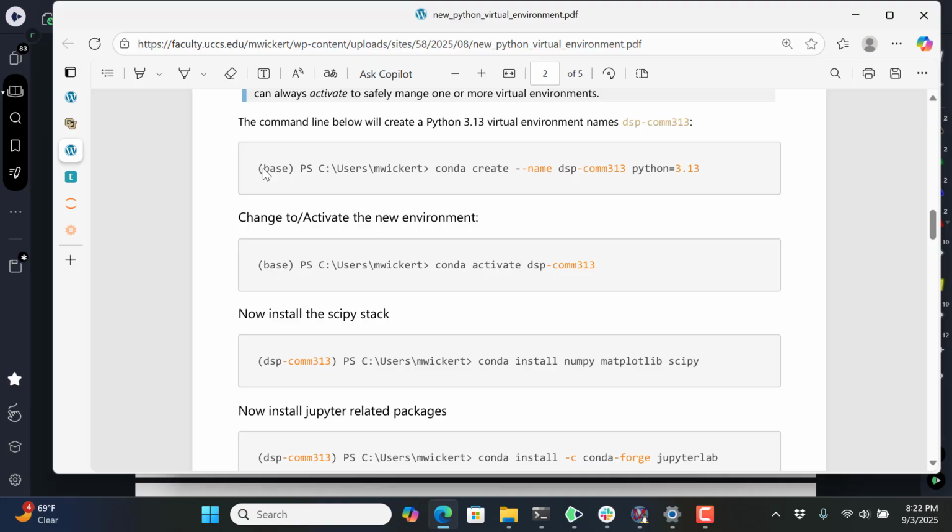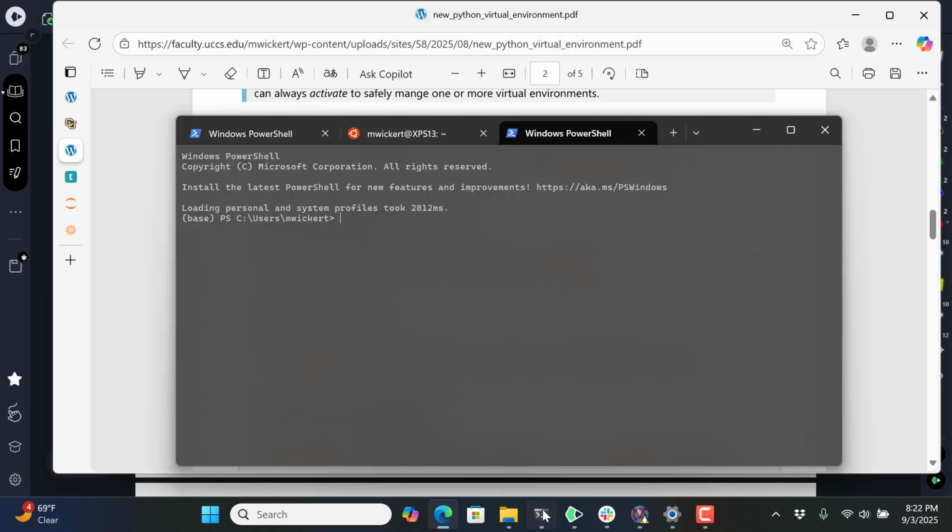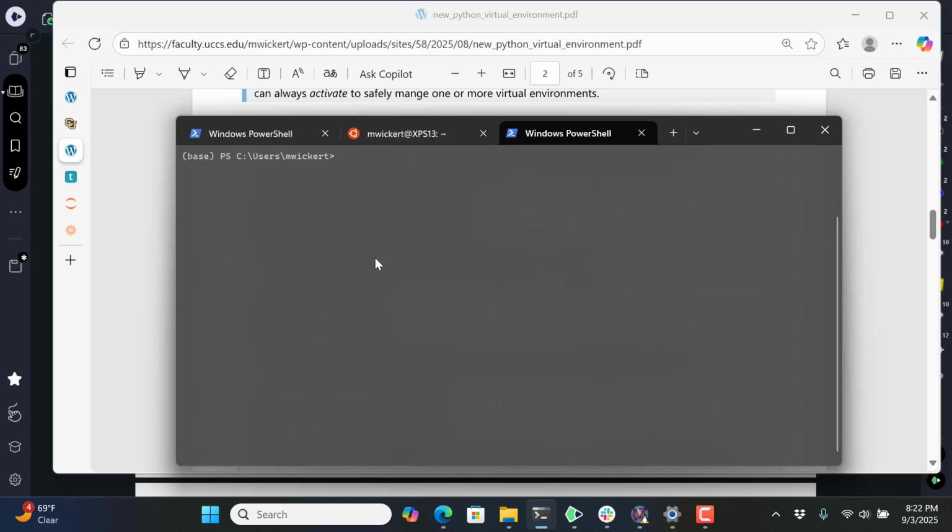So over here, I'll clear this, and you can see from the prepending of the command line right now in the PowerShell, it says base. So what I want to do is just do conda environment list, and this is talked about in the notes. I'll list my virtual environments.